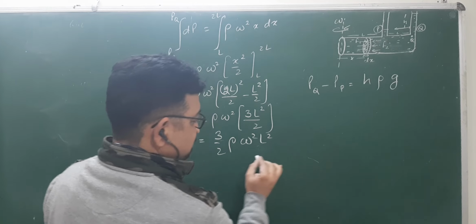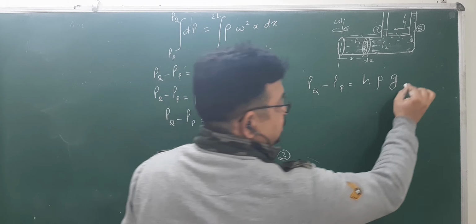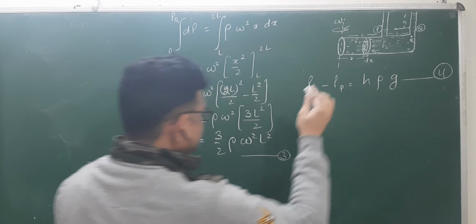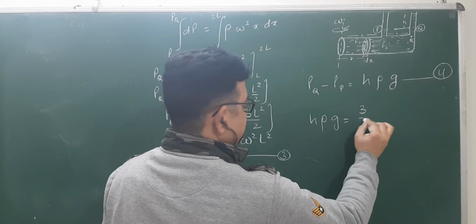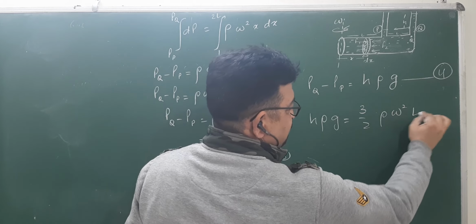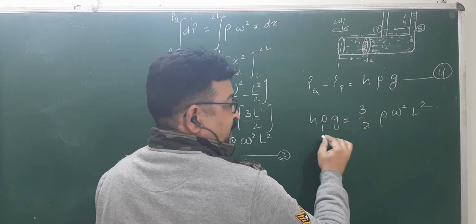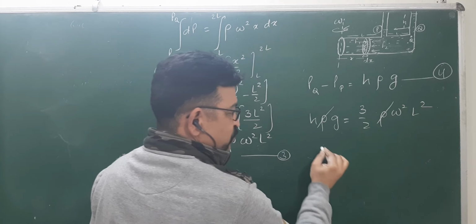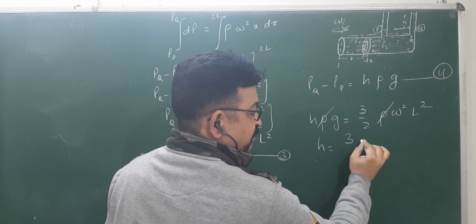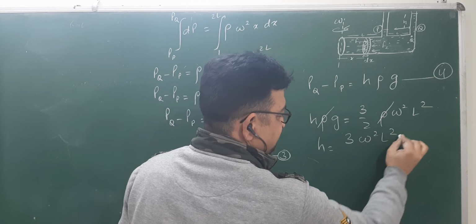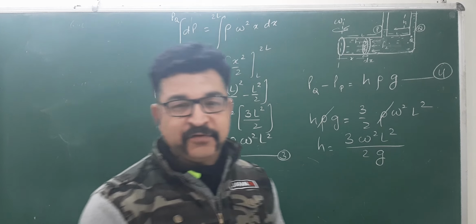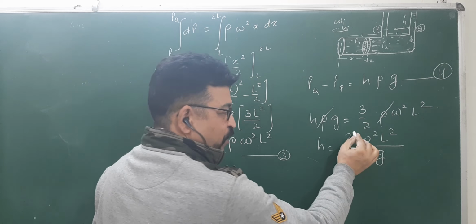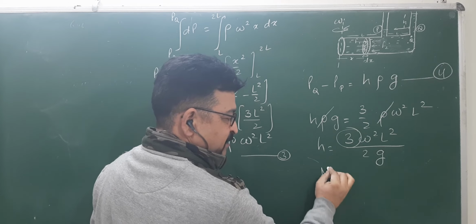If you equate the third and the fourth equations, you get h rho g equal to 3 by 2 rho omega square L square, and the rho cancels out. So h is 3 omega square L square divided by 2g. Very clear from this. What is the value of that numerical factor n?